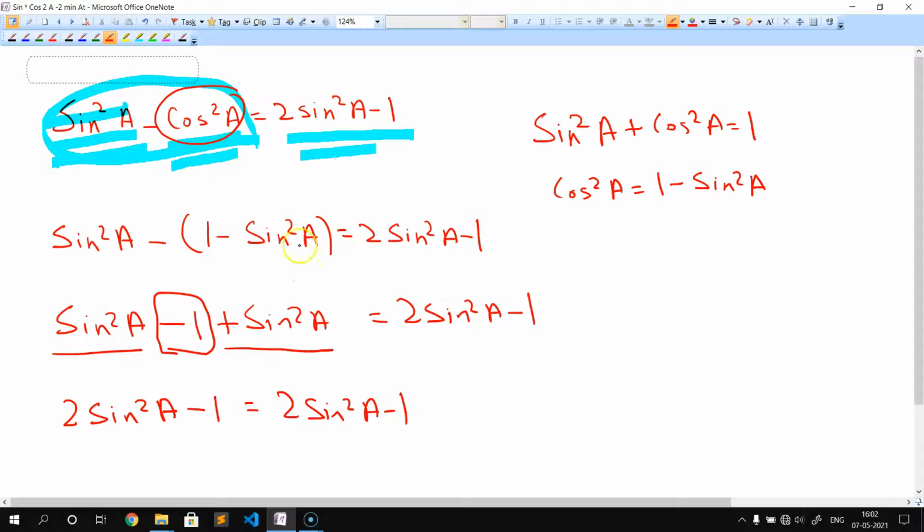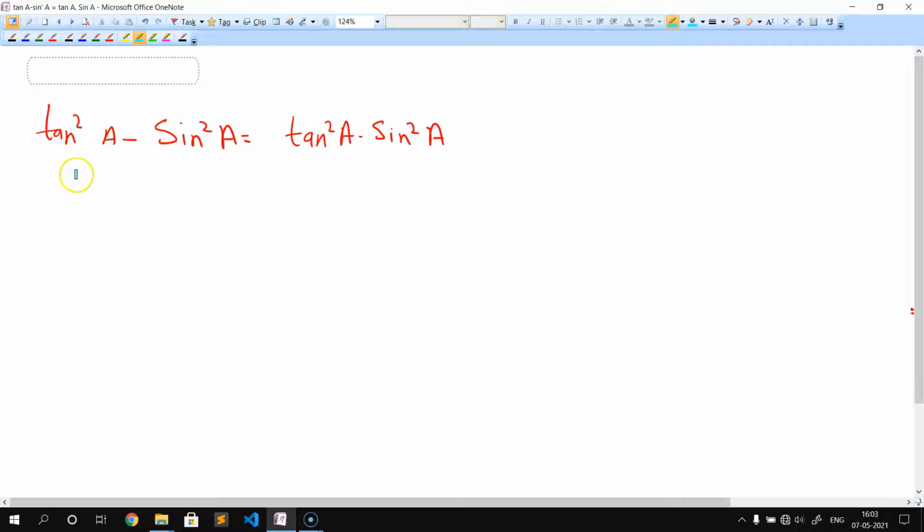To see how we can think first to solve the question. You have seen many questions where you will find that here the terms are in addition or subtraction and the same terms are here in multiplication. So let's see how to solve this type of question. First of all, we will convert this tan square to sine square upon cos square.